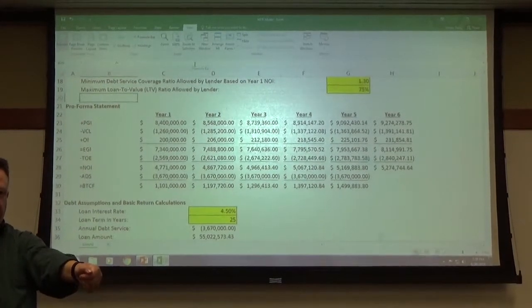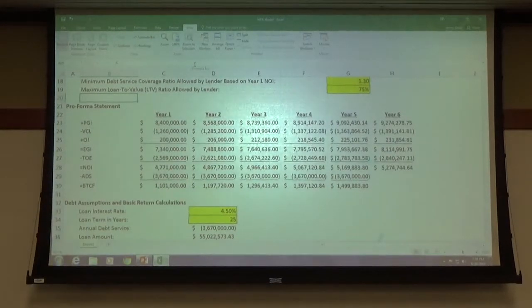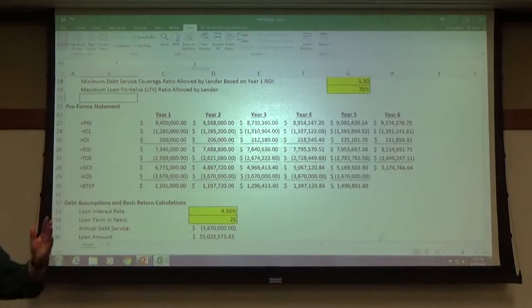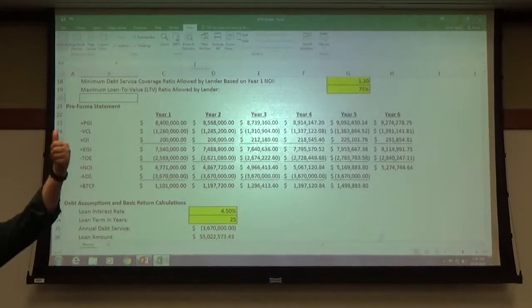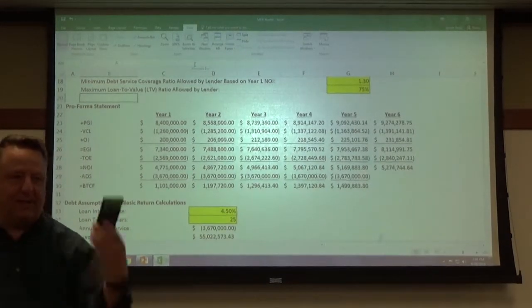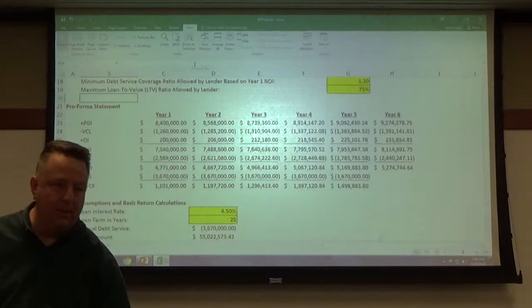Does that make sense? So what we're going to have to do is back into what is, for this annual debt service, what would be the maximum loan amount based upon the interest rate, based upon the term. Does that make sense? And that's where this handy dandy thing begins to be critically important, okay?